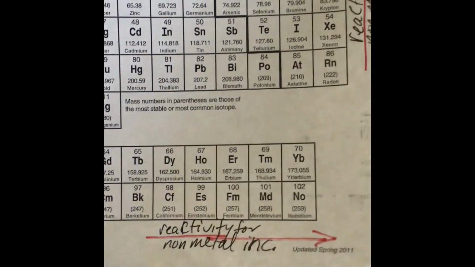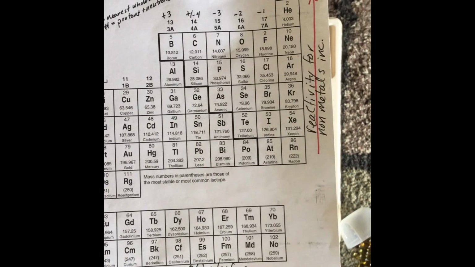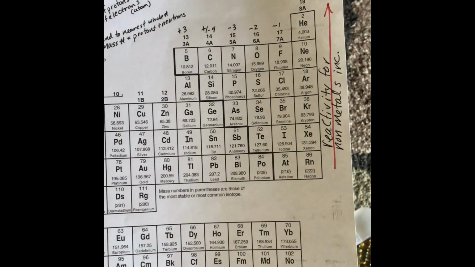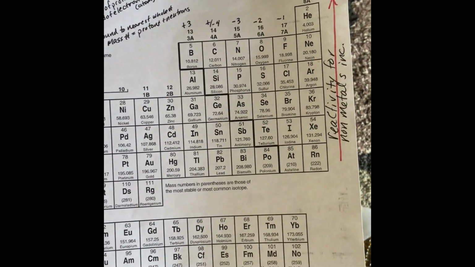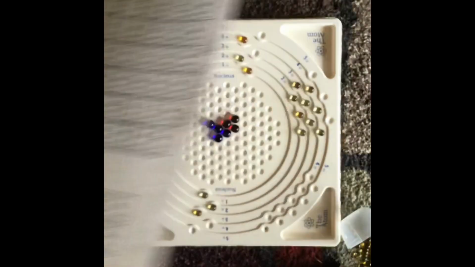So there's our arrow showing to the right. So up and right is reactivity for nonmetals. So the most reactive nonmetal is fluorine.